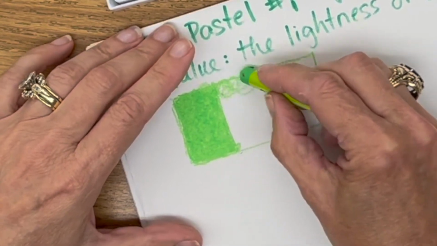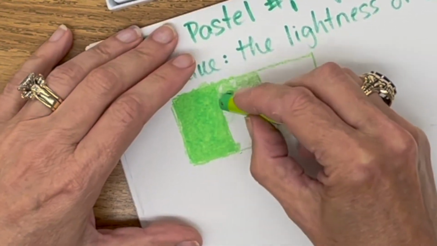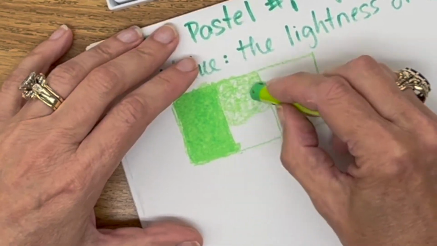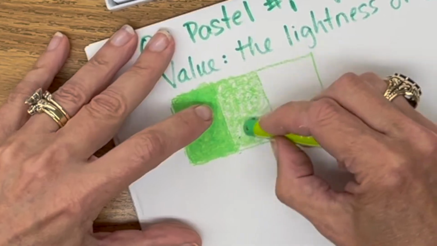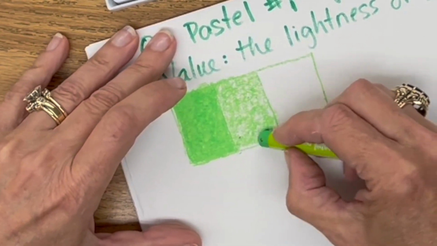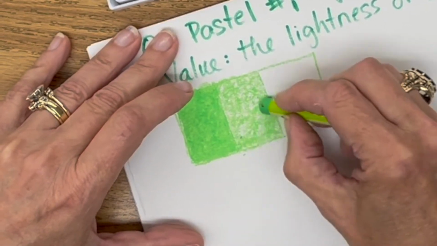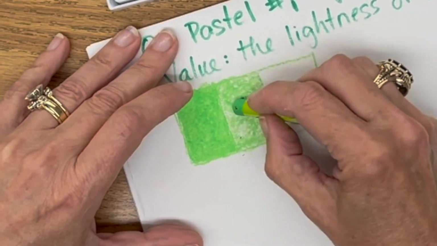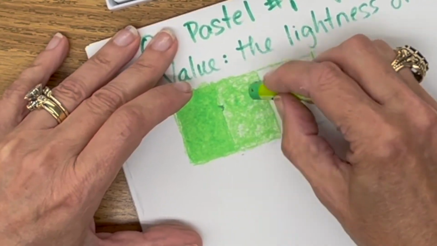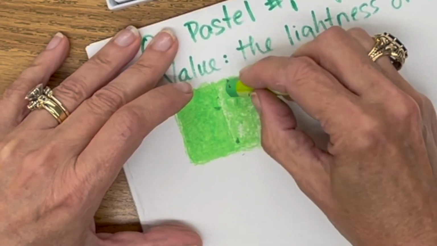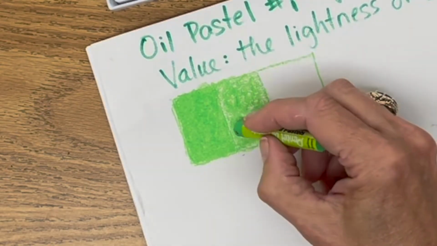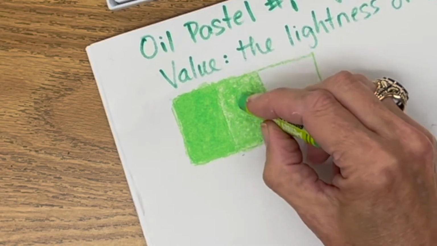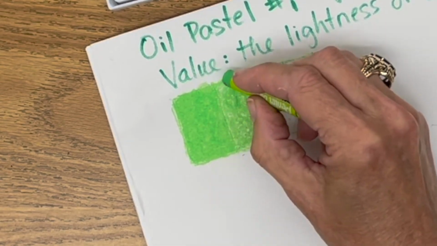So I'm going to start light, and I want to get darker, but not as dark as my darkest value, and make it as even as possible. Okay, I'm going to stop there, even though I can fill in some of the flecks.